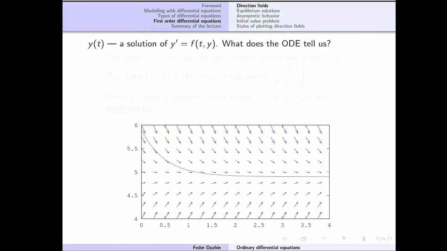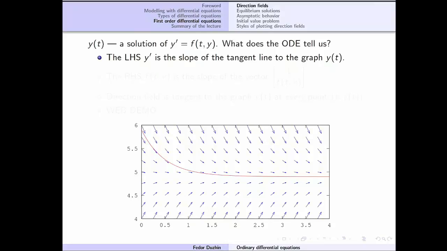Then, why is it so important to talk about this direction field? The reason is that a direction field is a very convenient way to visualize a differential equation. Remember that the geometric meaning of the derivative is that it is the slope of the tangent line.